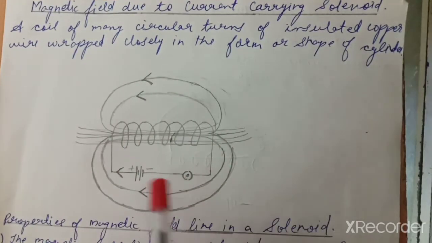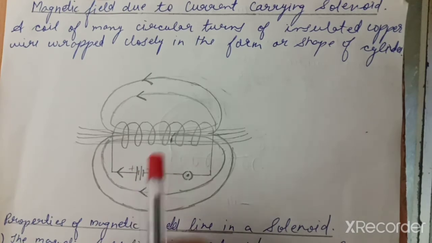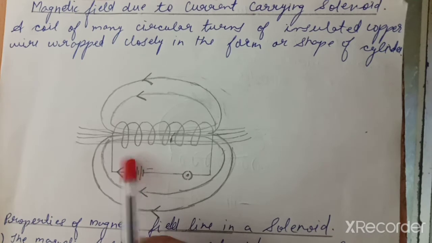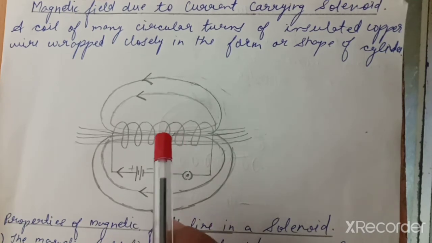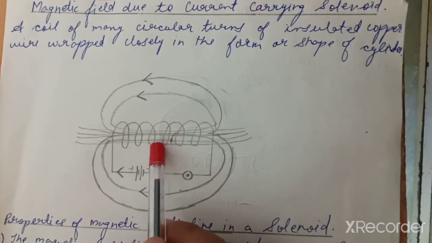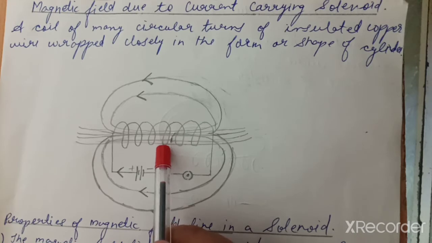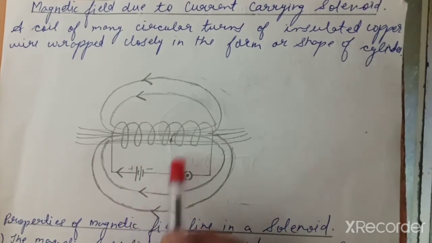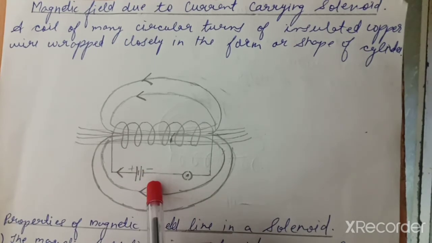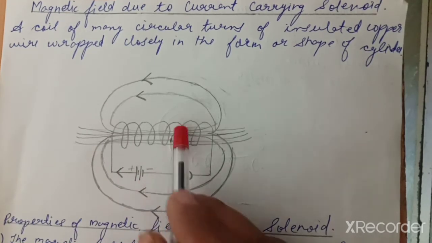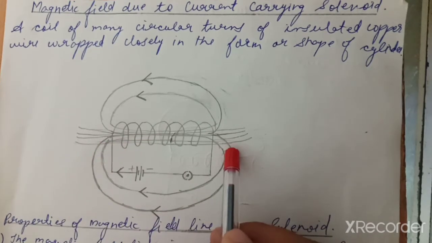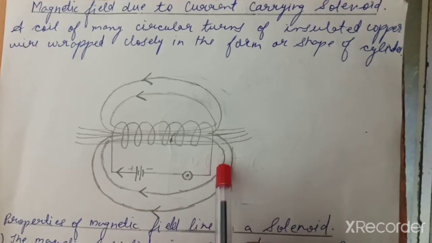When the two ends of the wire are connected to the battery, the current starts flowing, and it will behave like a magnet. This holds as long as the current is passing. As soon as we stop the current, the solenoid loses the property of a magnet, and the magnetic field will not be there.